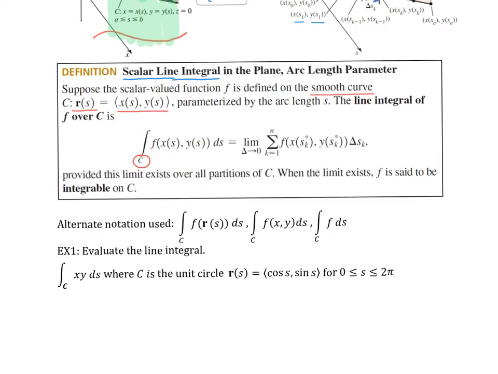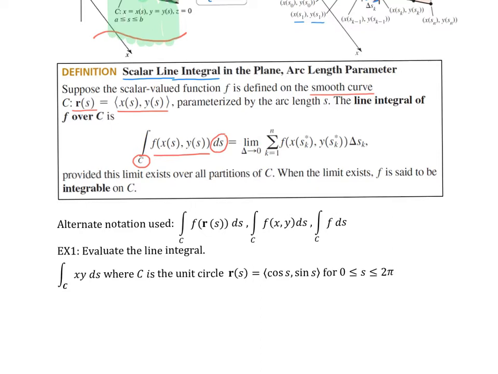So the curve can be written as a vector function, but the integrand is a scalar function. Again, the difficulty is this integral is written in terms of arc length, which is typically not how we define our functions. And then if you look at the right-hand side and you take the limit as our delta s goes to 0, that's just the Riemann sum definition for this integral.